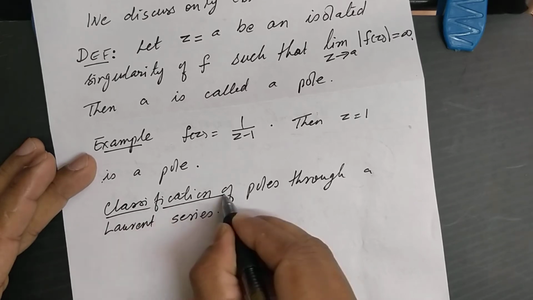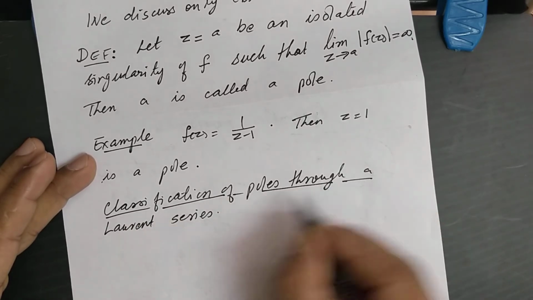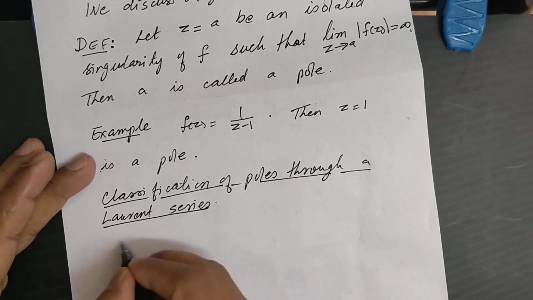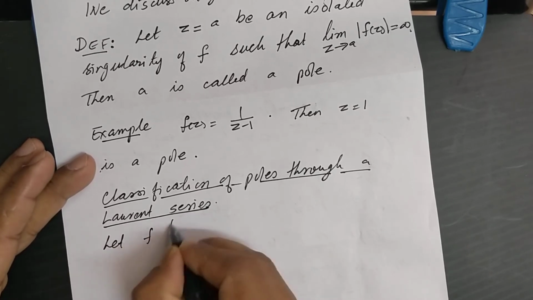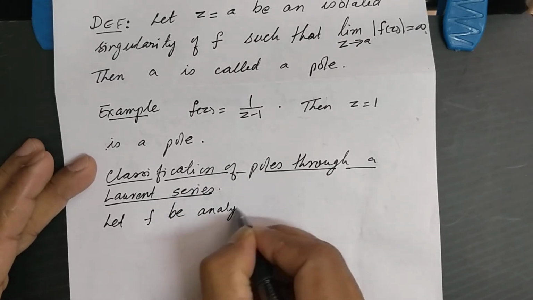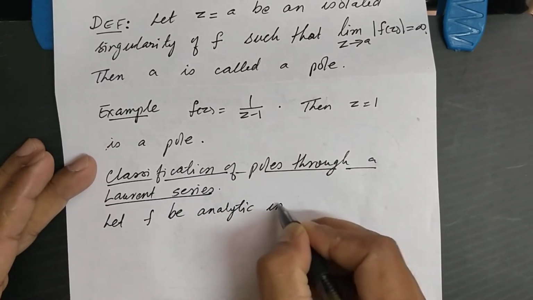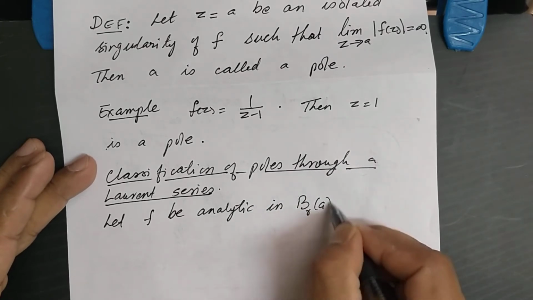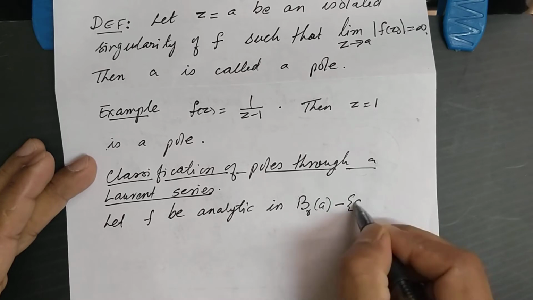So let us first understand what a Laurent series is. Let f be analytic in a ball with radius r and center a less a itself.